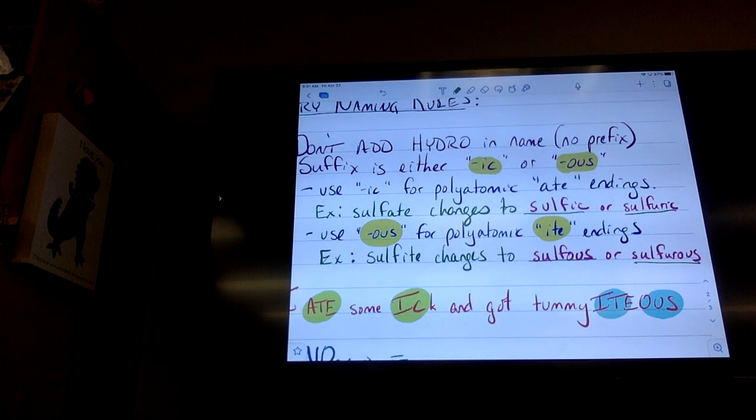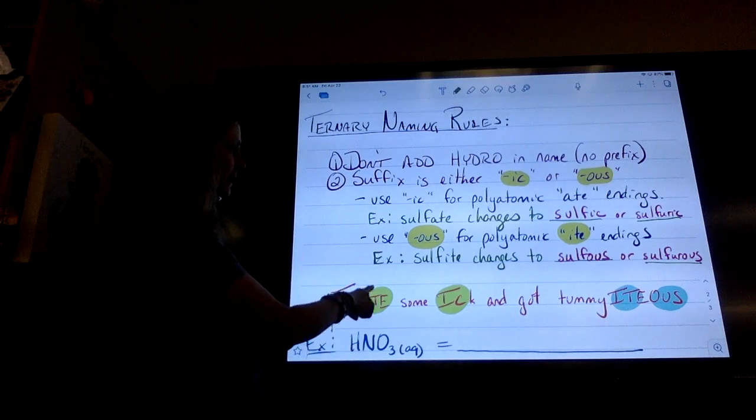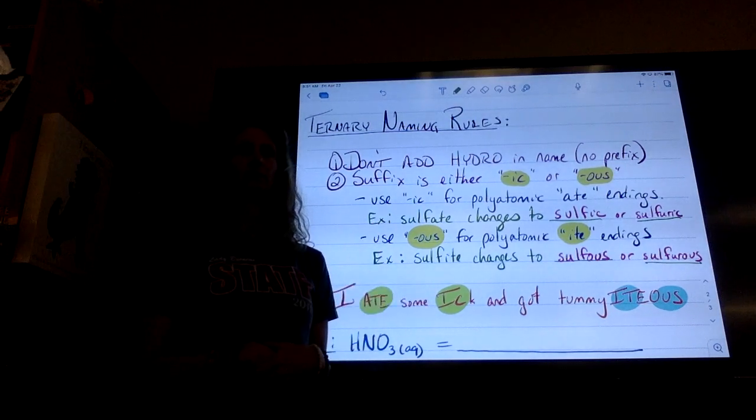All right, now check out this mnemonic. A mnemonic is a memory device to help you remember something that is hard to remember. I ate some ick and got tummy-itis. Now, you're going to say, that's stupid. And I'm going to say, yeah, but it works. If you have a polyatomic ending in ate, it's going to change to ick.